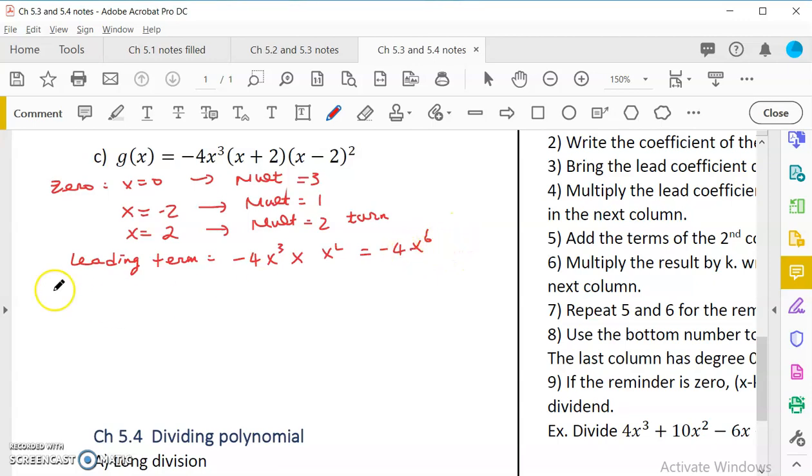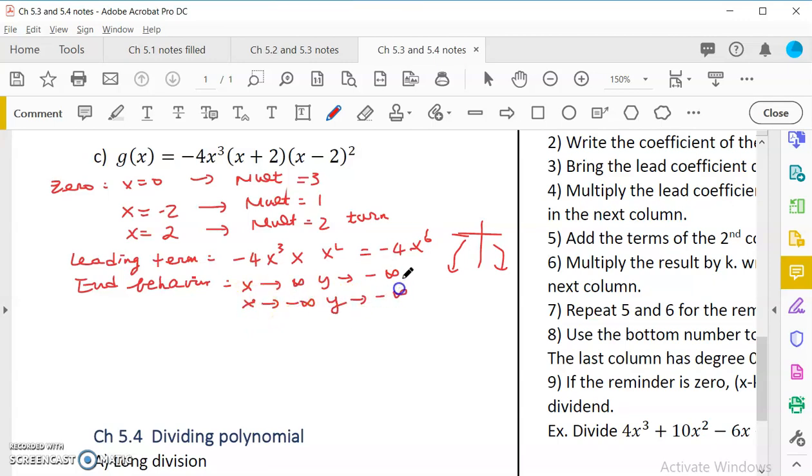For end behavior, we would just look at this leading term. It should be down, down, right? Both left and right are down. Technically we would write when x approaches infinity, y approaches negative infinity. When x approaches negative infinity, y also approaches negative infinity. Both sides go down.